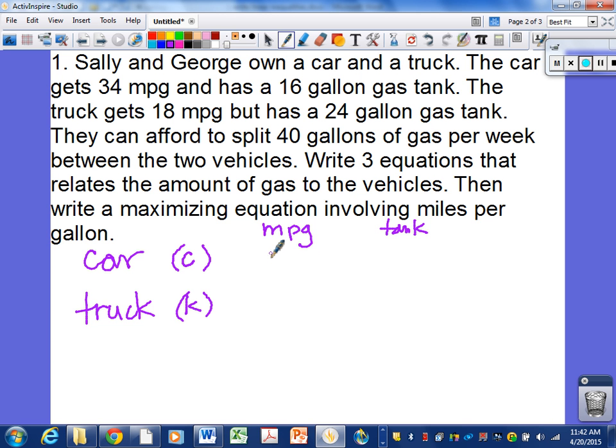So how many miles per gallon does a car get? 34 miles per gallon, and it has a tank size of 16 gallons. Your truck gets 18 miles per gallon, and it has a tank size of 40.